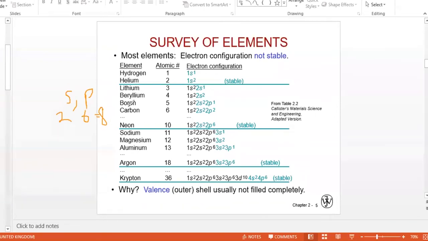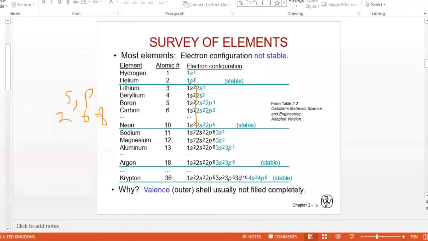So lithium, beryllium, boron, carbon, nitrogen, oxygen, fluorine, neon. These are the second orbit elements, from 3 to 10. So that is 8 elements in between. For these 8 elements, this 2s and 2p part is the different thing.